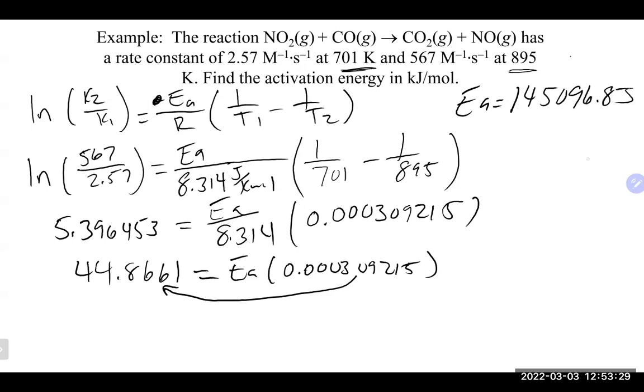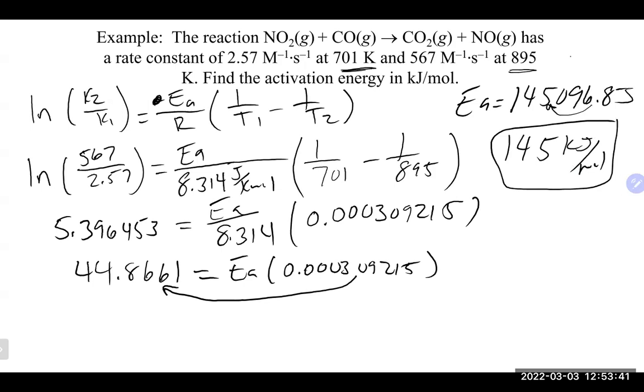The units there would be joules. Since we're looking for kilojoules, we're going to move it 3 places or divide by 1,000. That gets us about 145 kilojoules per mole. Again, we yielded a positive activation energy, which is good. Any questions on the math there?